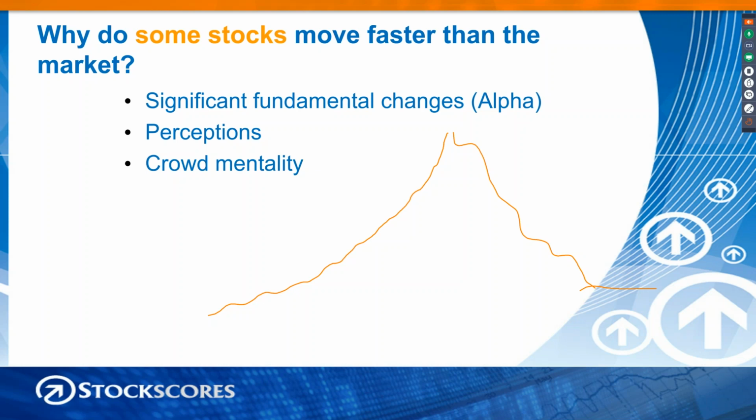Now they're still higher than when they started because the fundamentals did get better, but the market's perceptions got way ahead of what the fundamental value was. That was because people were speculating, they were gambling in some ways, they had a very optimistic mood. There's a little bit of that crowd mentality of piling on to a stock. So these things all contribute to irrational pricing.